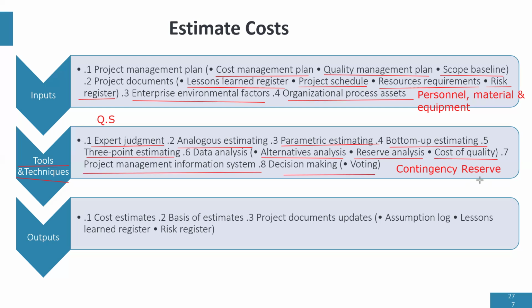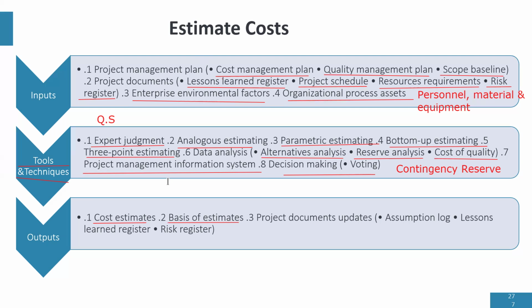So at the end of the day, what do we have? We have the cost estimate. That means for various project activities, you've started using the tools and techniques to come up with a cost estimate. So we get the cost estimate of activities and their basis of estimate. So what is basis of estimate?